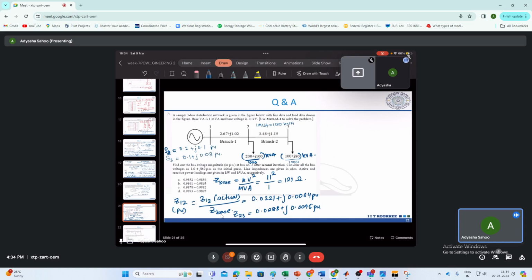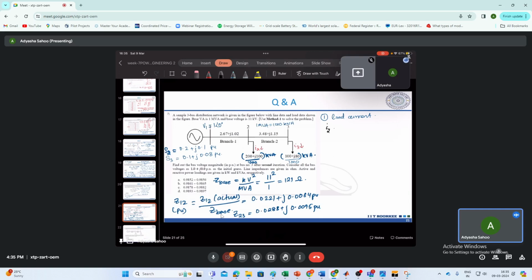So once you have everything in per unit, I will assume V1 as 1 angle 0, right? For method 1 we have both voltage magnitude and angle. After that we will start our calculation of load current, which is the first step. Let's say this is my I2, this is I3, the load currents.